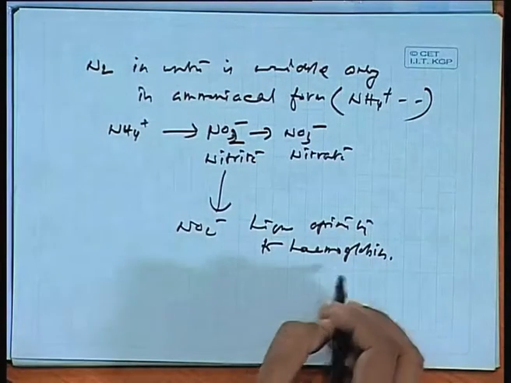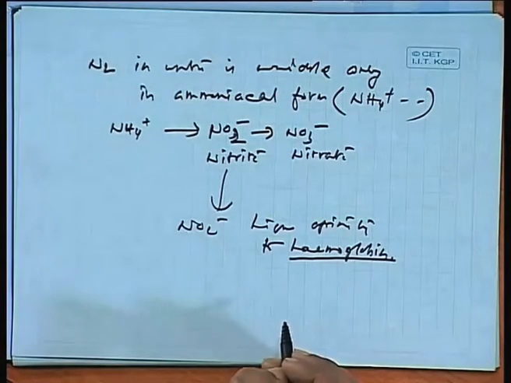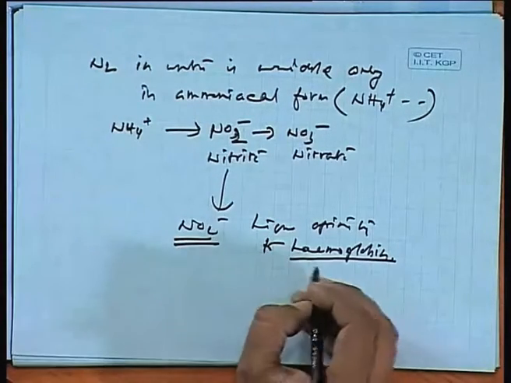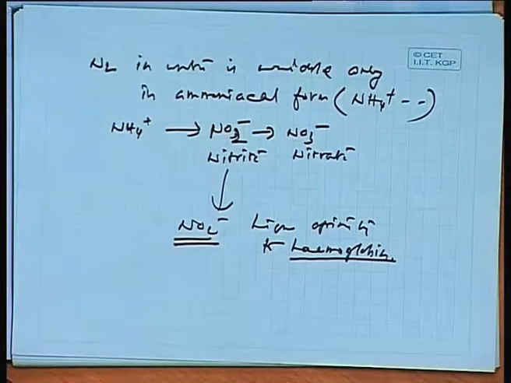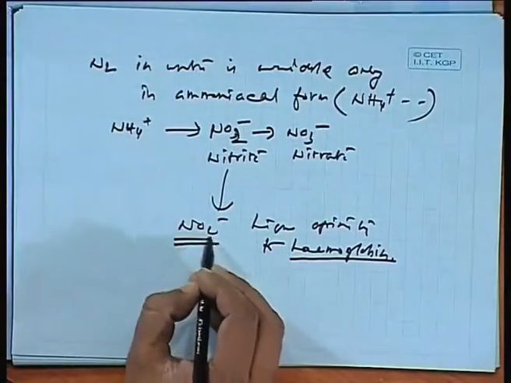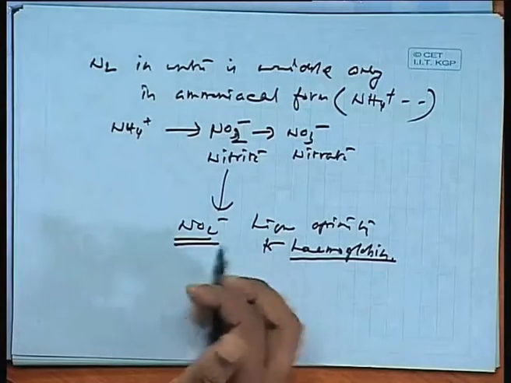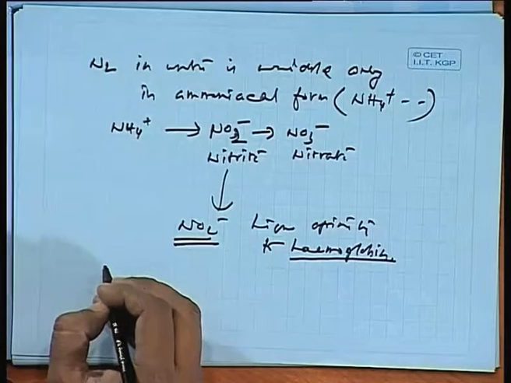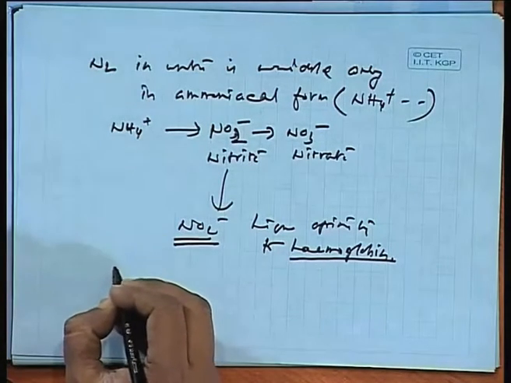When the body of a child has accumulated a good amount of nitrite in its hemoglobin, this can lead to a disease which is known as the blue coloring.